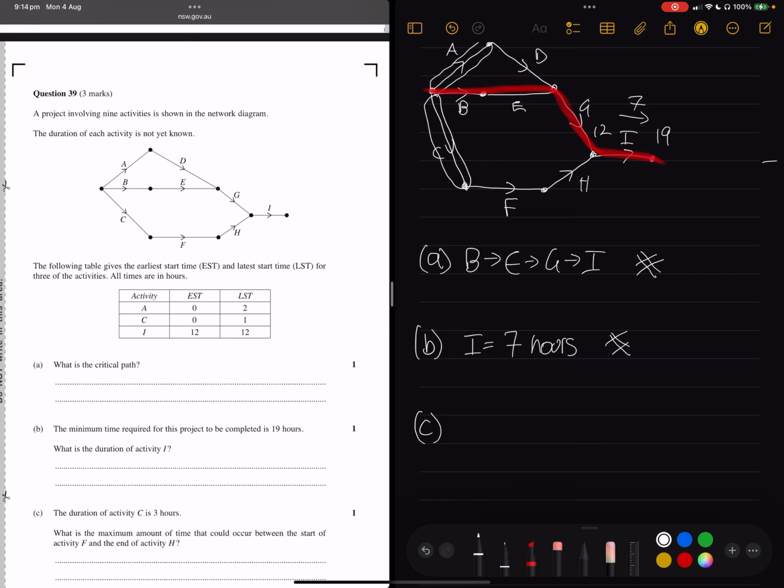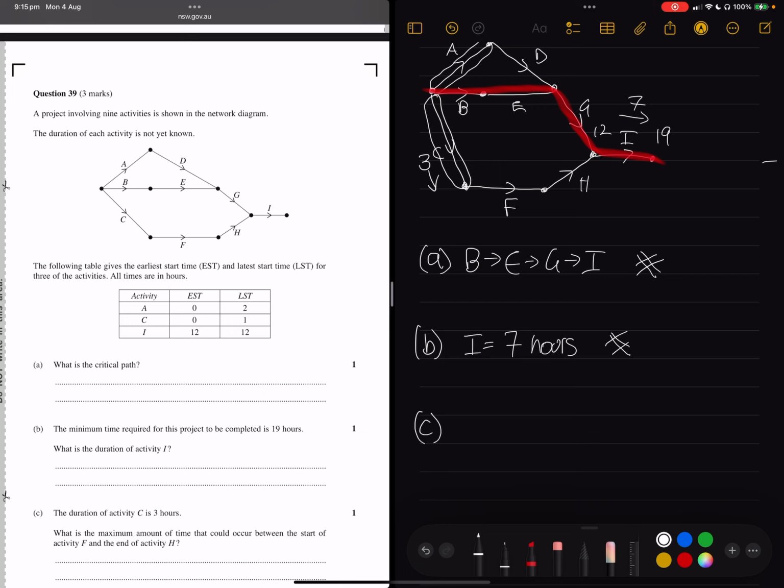And for part C, we're told the duration of activity C is 3 hours. So this is 3 along here. What is the maximum amount of time that could occur between the start of activity F and the end of activity H? Well, if we think about this diagram, C has an EST of 0, so it could start at the beginning or it could start 1 hour late.